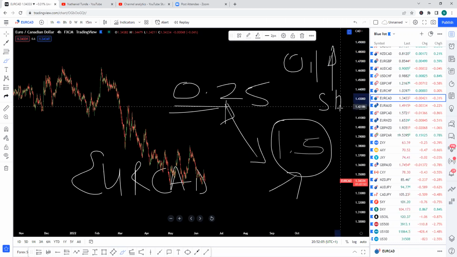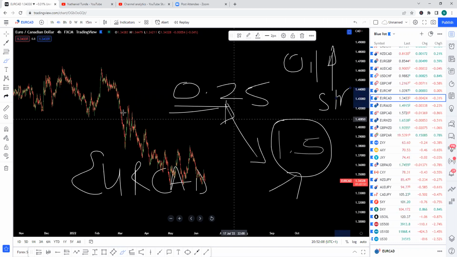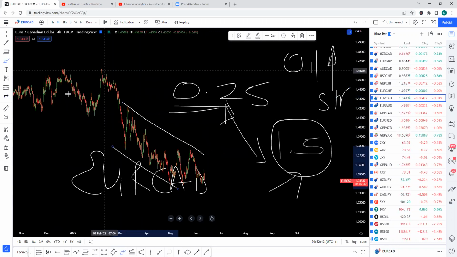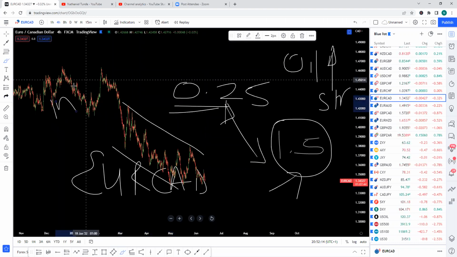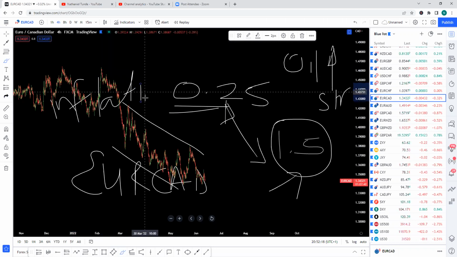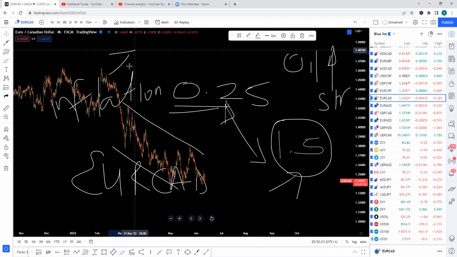CAD is very strong right now. And the euro has a lot of problems right now: inflation, and not only inflation, they have inflation and they refuse to increase interest rates substantially.